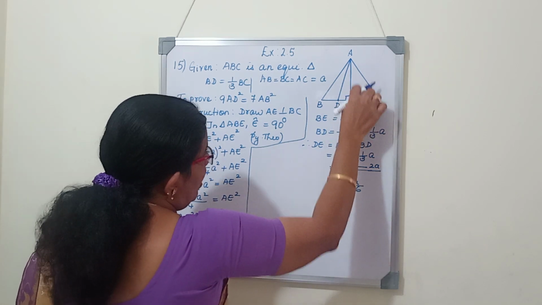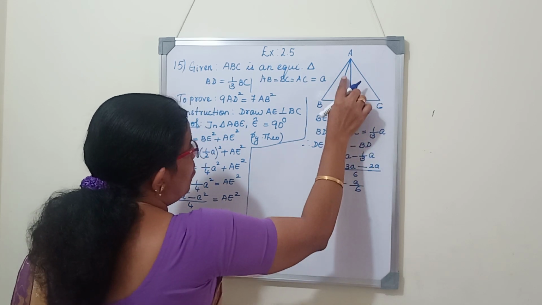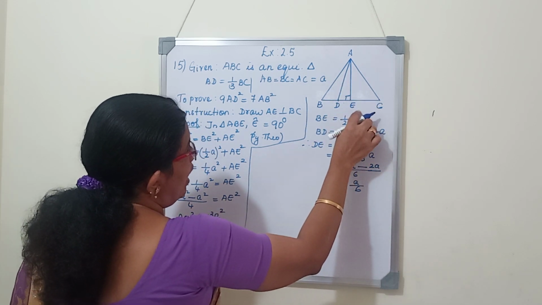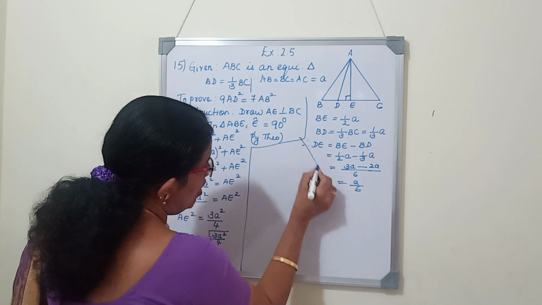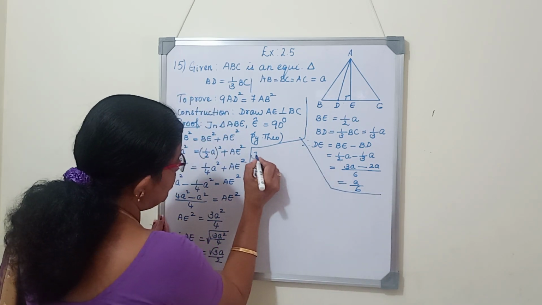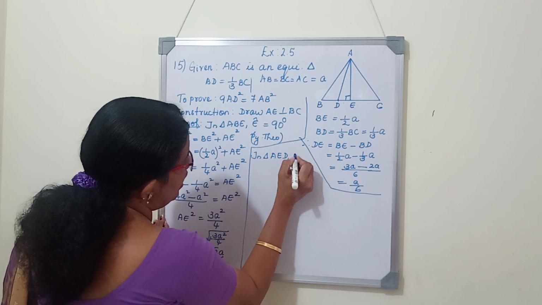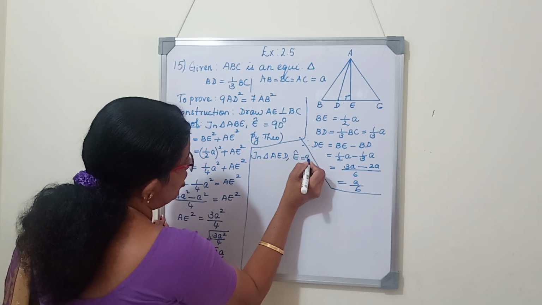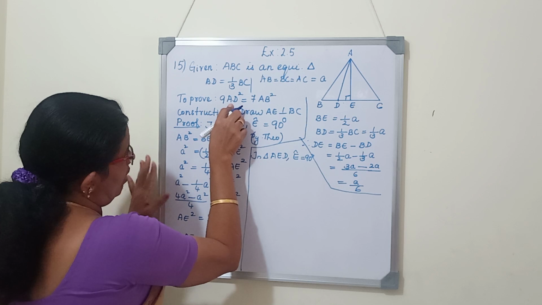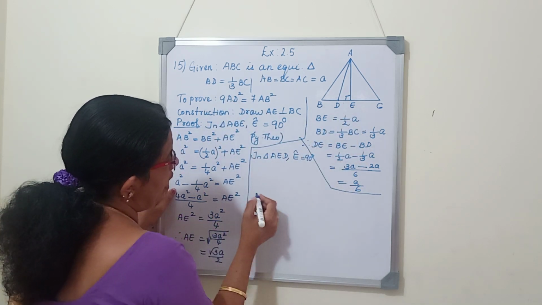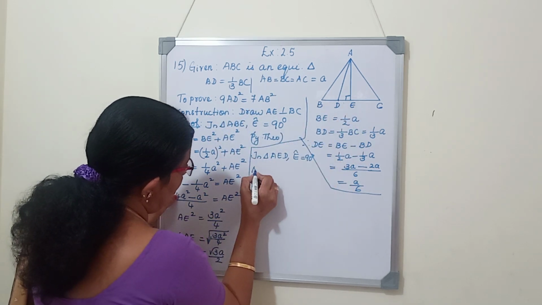We have AE value. And now we will apply Pythagoras theorem in triangle ADE. So now we will write, in triangle ADE, angle E is 90 degree, because we want to prove that AD square equals. So in triangle AED, hypotenuse is AD.